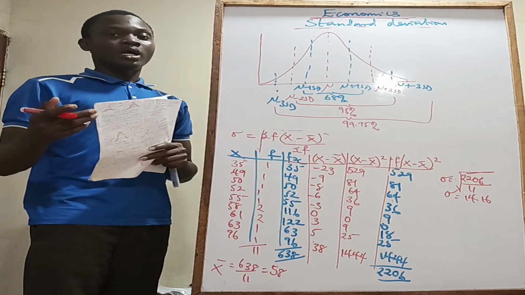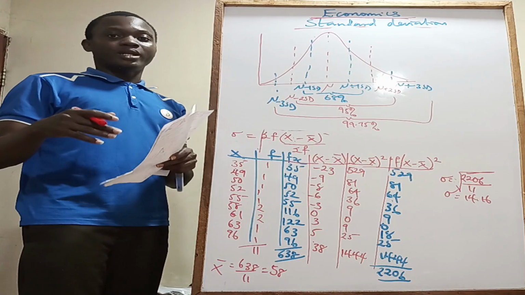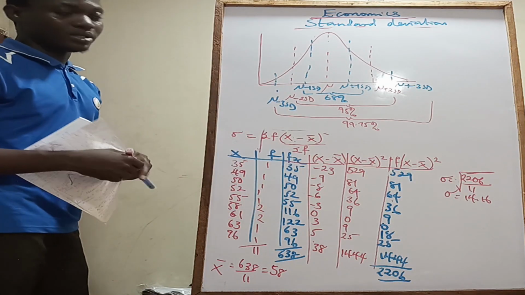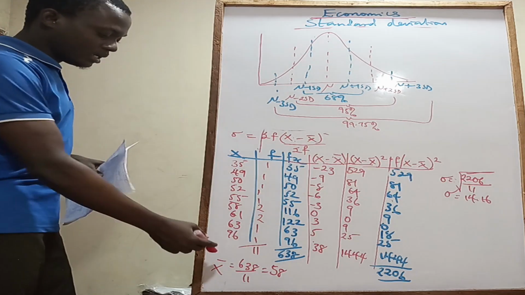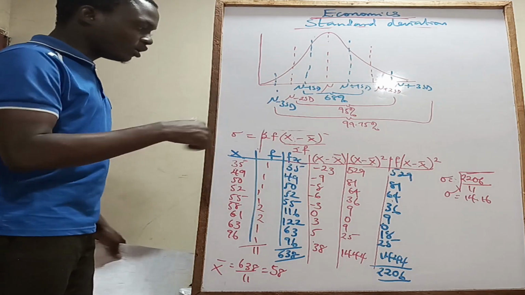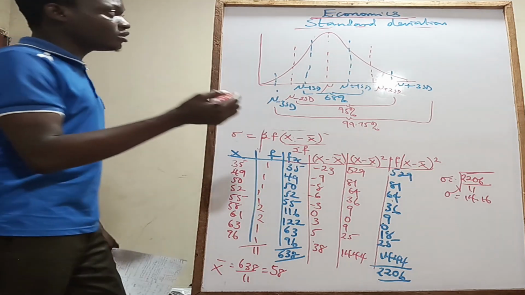So what do we do? Or how do we apply that to what we're doing here? Now we've gotten our standard deviation here as 14.16, and we've gotten our mean as 58. So let's do two standard deviations away from the mean. Okay, let's start with one standard deviation away from the mean first.